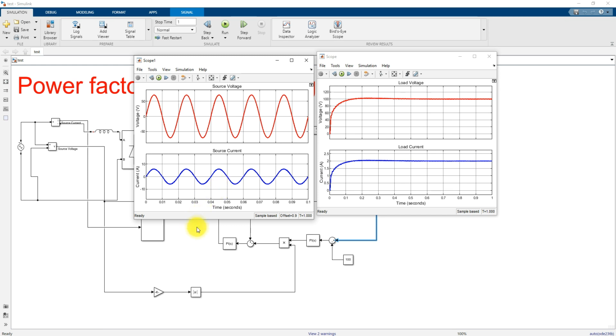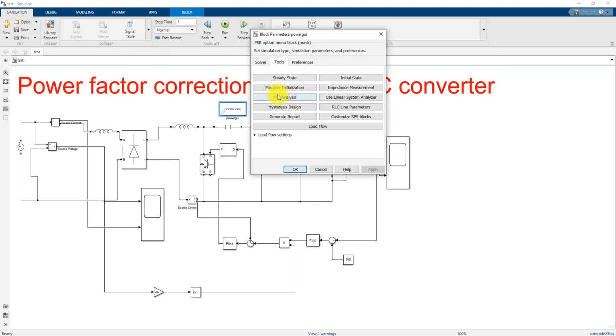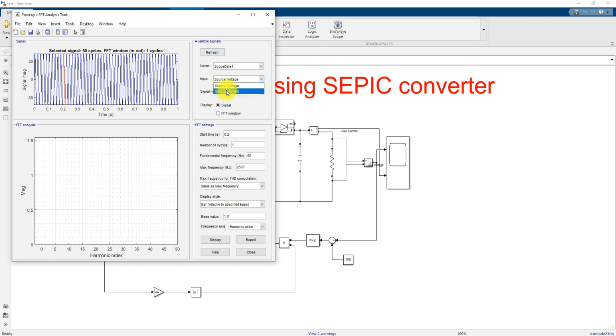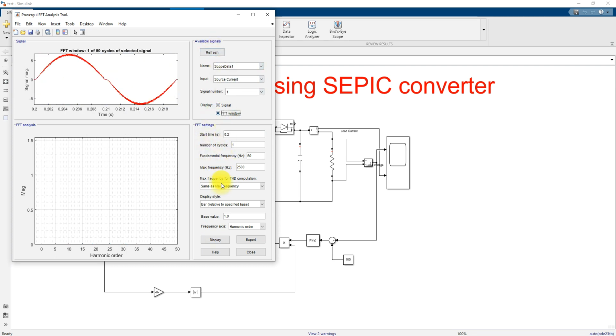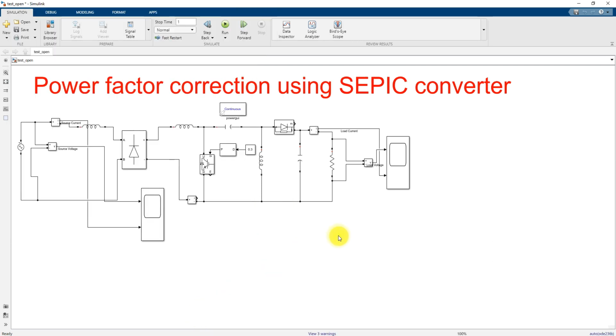Next you have to check the THD of the source current. Here you can see the THD is around 3.72%. When we used open loop control, the THD was around 66%.